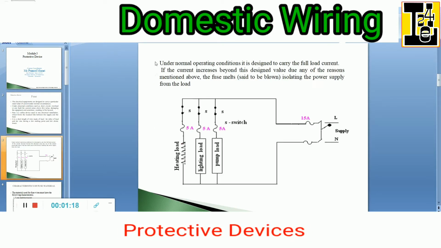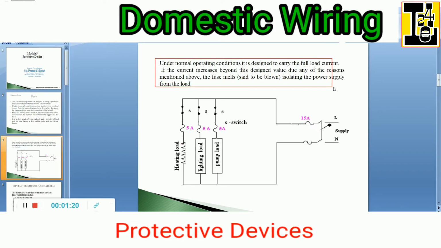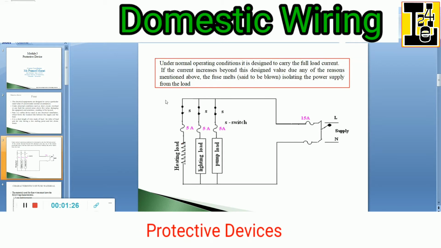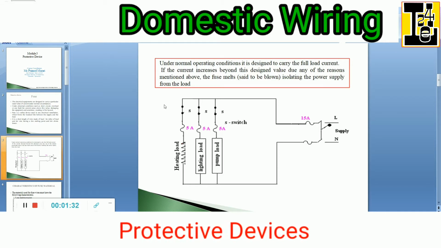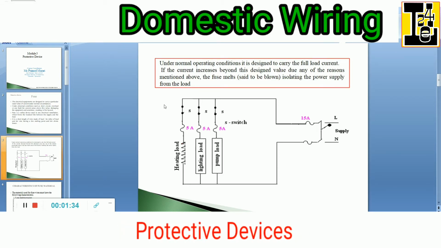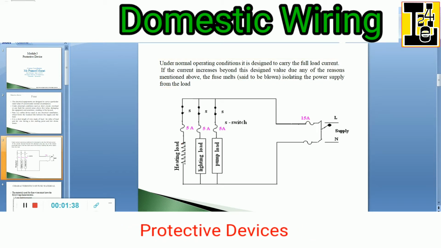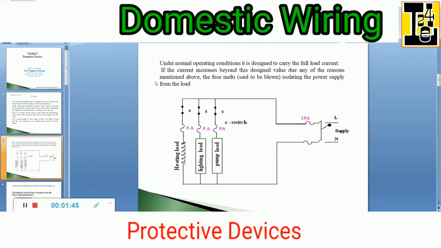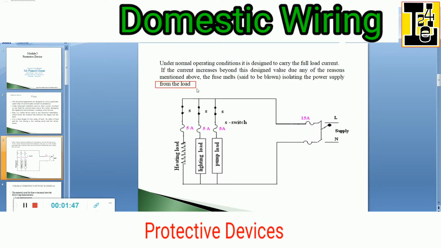Under normal operating conditions, it is designed to carry the full load current of the circuit. If the current increases beyond the designed value due to any of the reasons mentioned earlier, the fuse melts or blows and hence isolates the power supply from the load and protects the circuit.